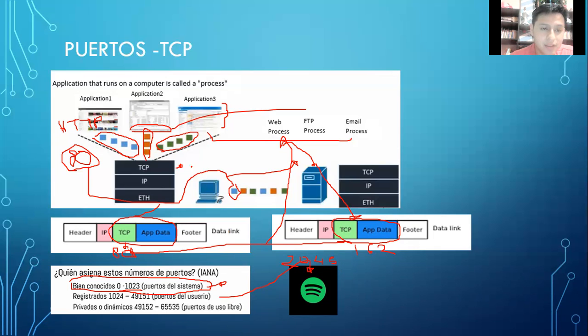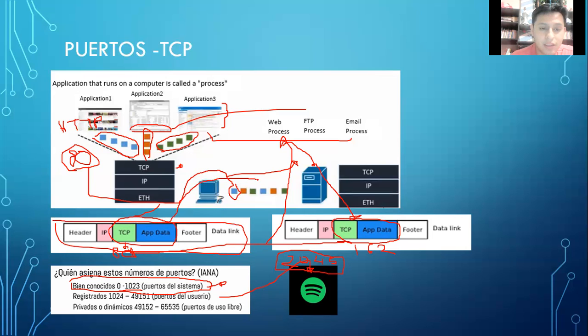So this process was received by the TCP header. A TCP header has the origin port, and the origin port has a name. The name of Spotify is this. The segment, the frame, is sent.